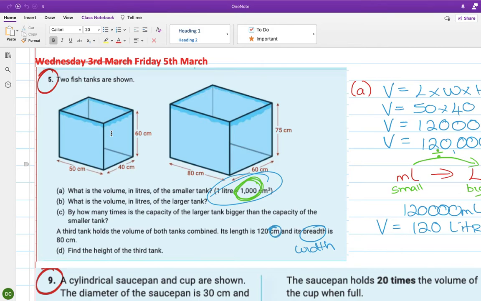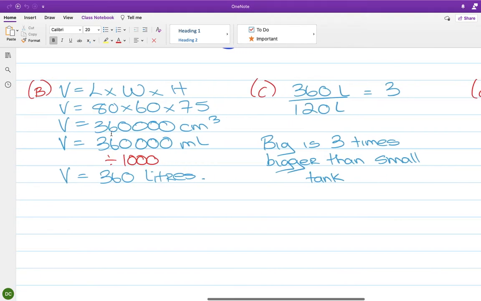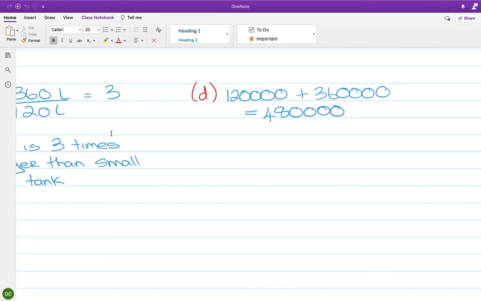So I'm going to need to go back to centimeters. So the small one was 120,000. And the big one was 360,000. So that means this new third tank is going to hold 480,000. Okay? So the volume is length by width by height.